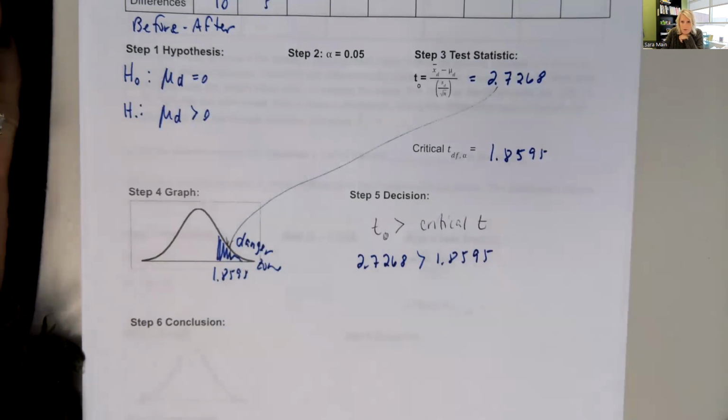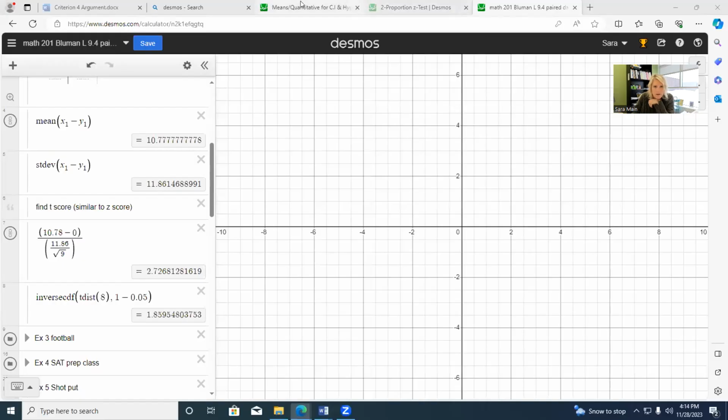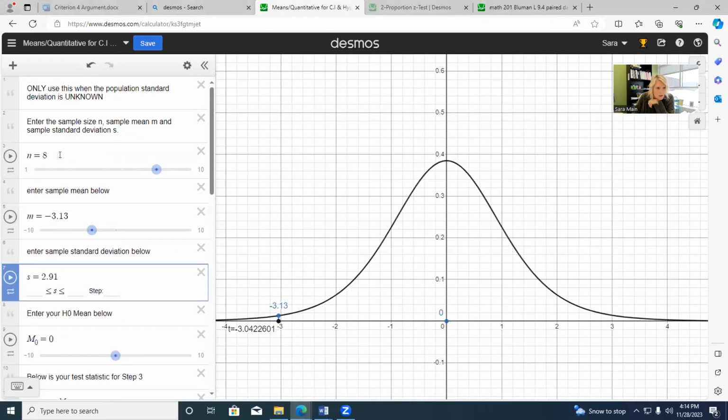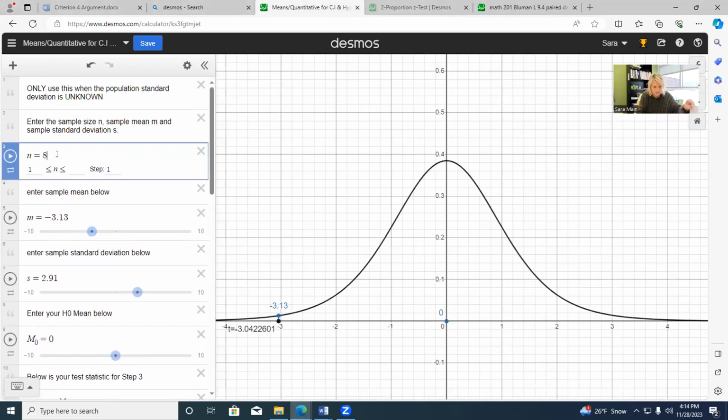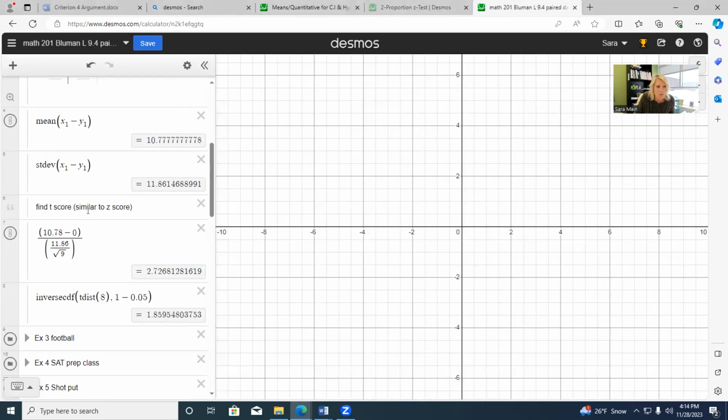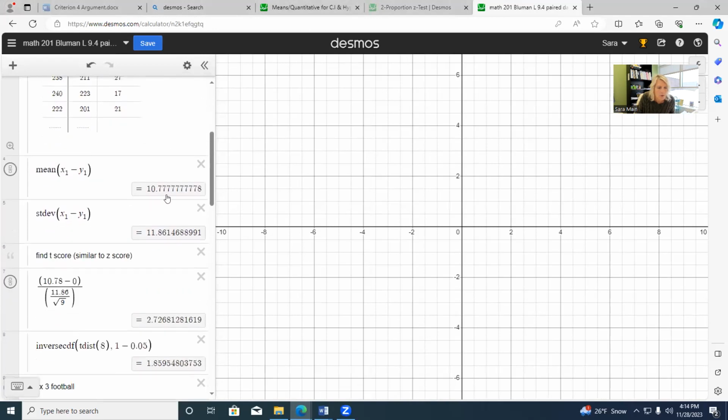So I'm going to just show you here that we can go ahead and just put in our samples. Sample size was 9, and the mean we had was 10.78.